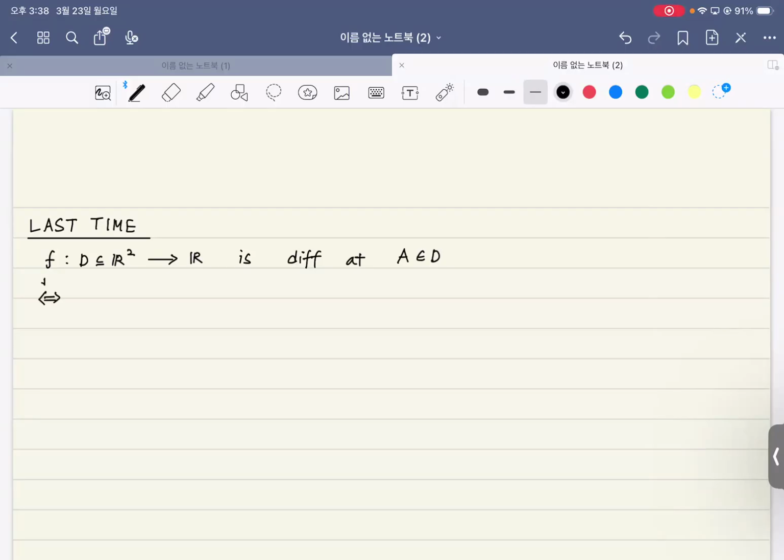This is defined to be if and only if, as h is tending to 0, f of a plus h minus f of a minus L_a at h, divided by the length of h, is tending to 0.